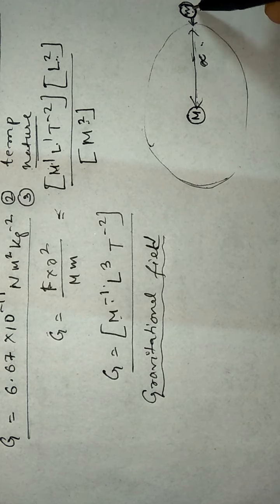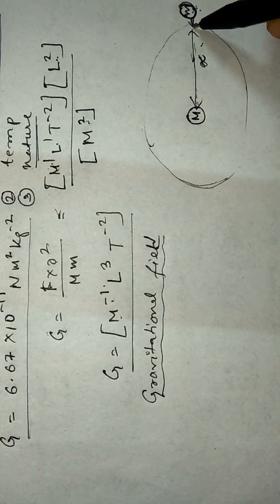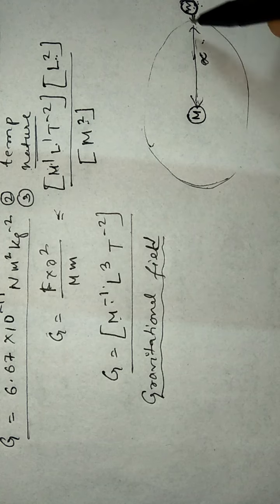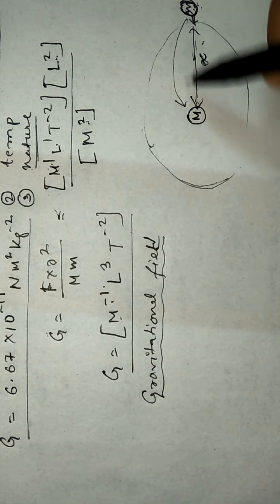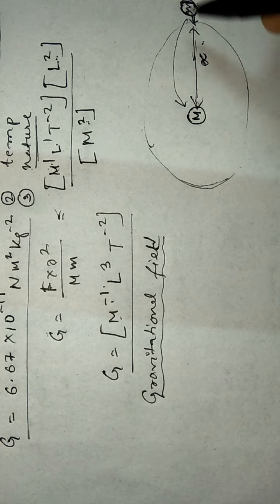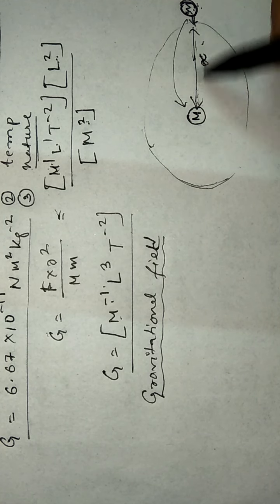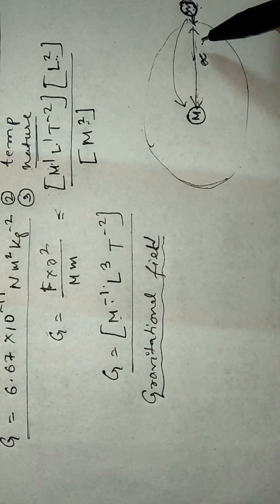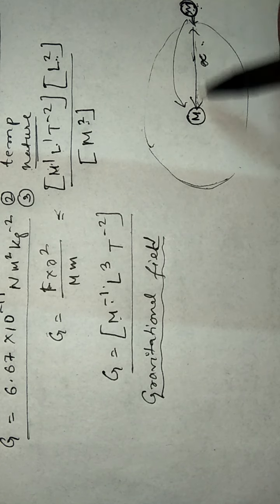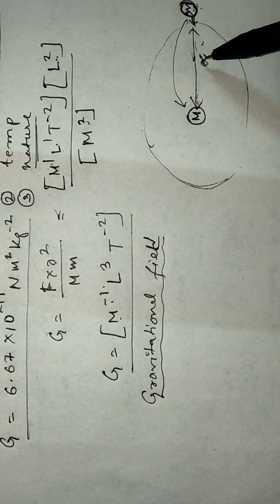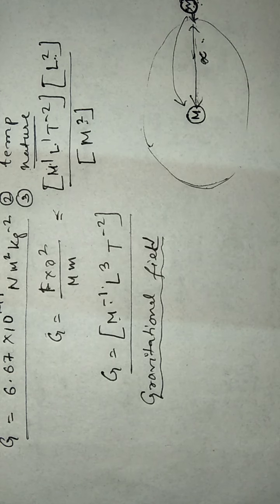When it is outside the field, it will experience no force. But once it enters the field, it will immediately be attracted, and it will come and hit this body. That means there is a force of attraction. Usually this gravitational field extends up to infinity, but in practice the distance between the two bodies is usually small. So this is known as gravitational field.